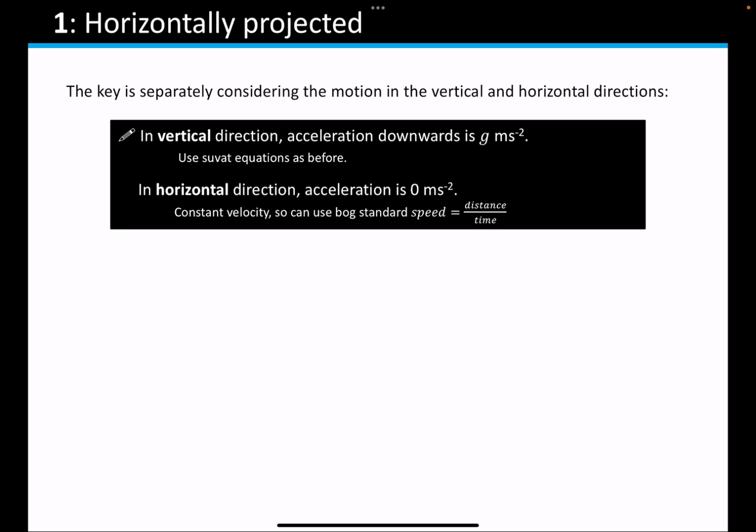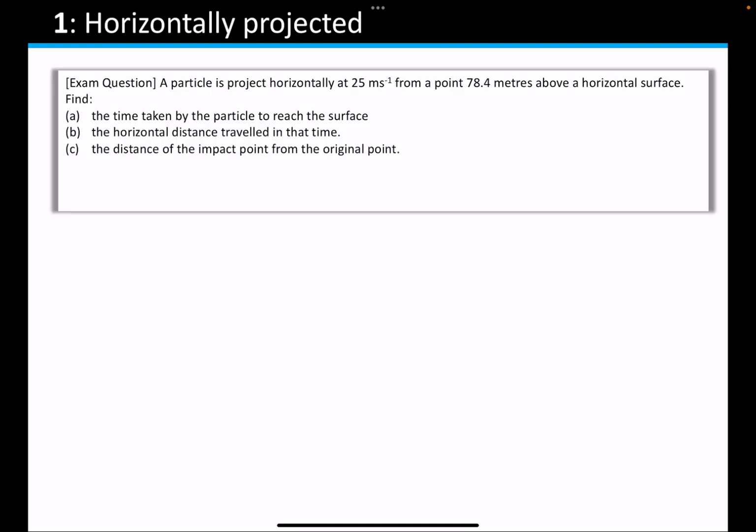Therefore, there's only one formula that you need for that, and that is speed is equal to distance over time. So in the horizontal component, you're only worrying about those three variables: speed, distance, time. Whereas in the vertical component, there are 5 variables you're looking out for: displacement, initial speed, final speed, acceleration, and time.